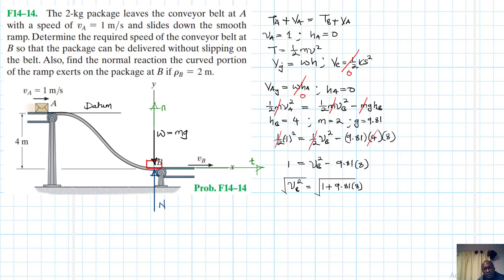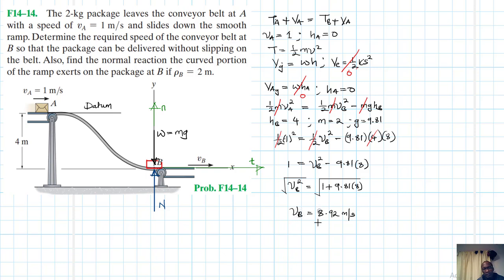This gives us VB equal to the square root of 9.81 by 8 plus 1, which is 8.92 meters per second. Alright, so this is our VB.